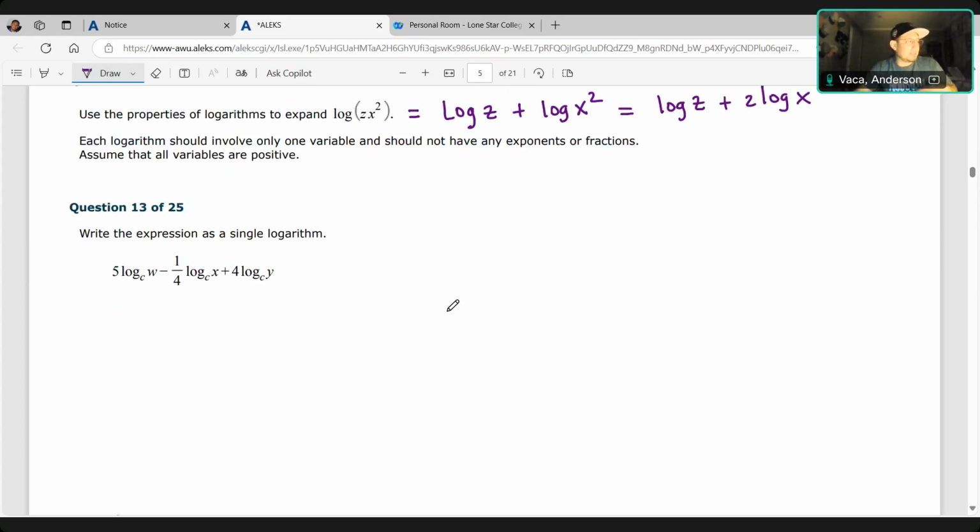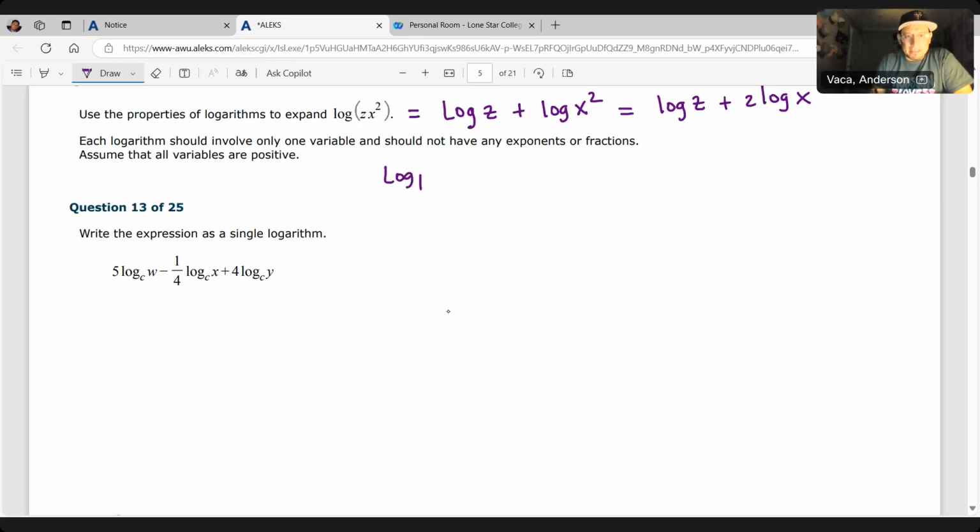All right. We got number 13. Let's see what number 13 is all about. Let me write one more property here just in case we missed it.